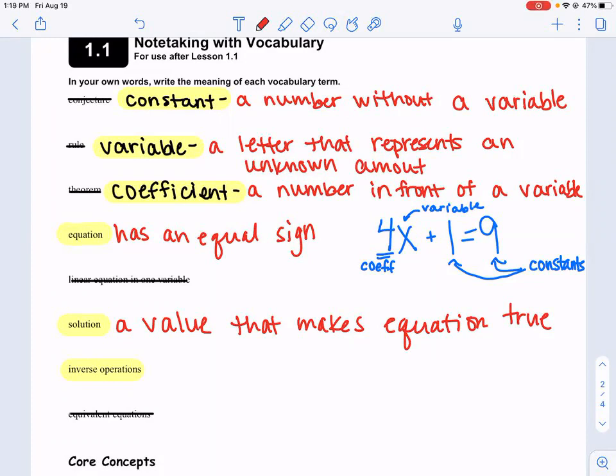Last set of words I want you to write down. Inverse operation. Operations that undo each other. Undo operation. Give me an example of two operations that undo each other. Zero and zero. Zero's a number, not an operation. Okay, my bad.